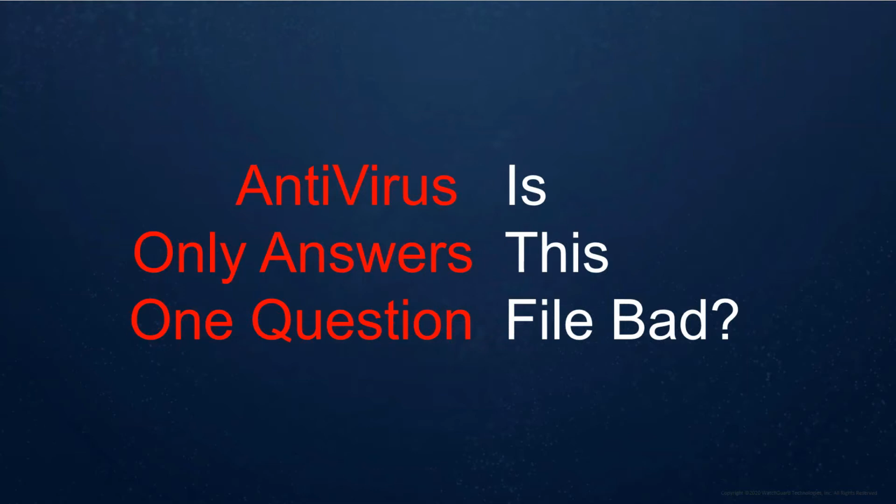Is this file a known threat, or is it an unknown threat? Is this file bad? And oftentimes, with malware being customized and changing its base and re-encrypting itself and using a lot more evasive techniques to make it more difficult for signature and antivirus-based solutions to find, some antiviruses are unable to detect malware.